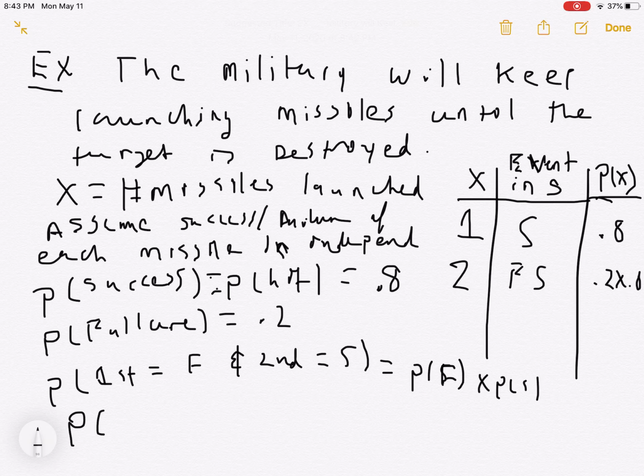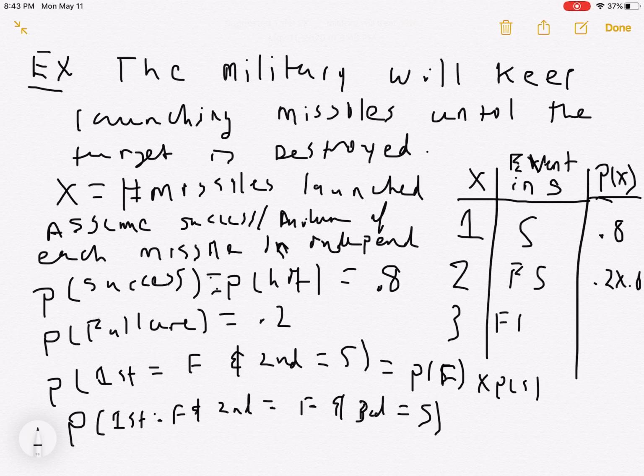And then the probability of the first being a failure and the second being a failure and the third being a success, well, that corresponds to x equals 3. Failure, failure, success.